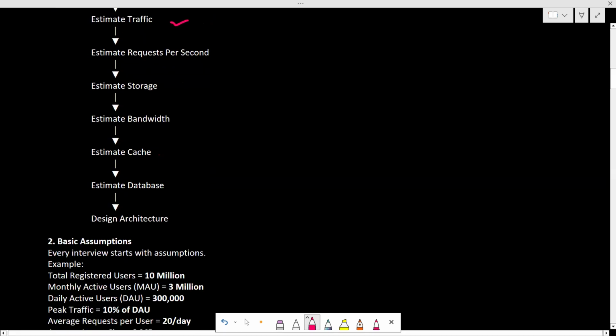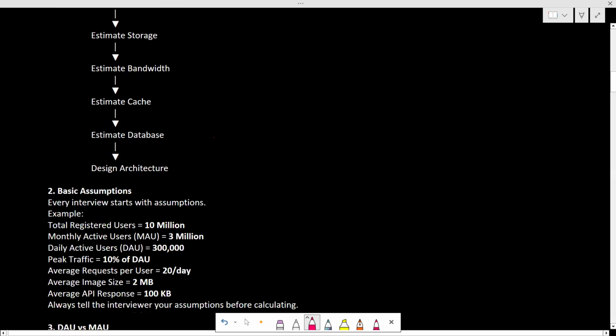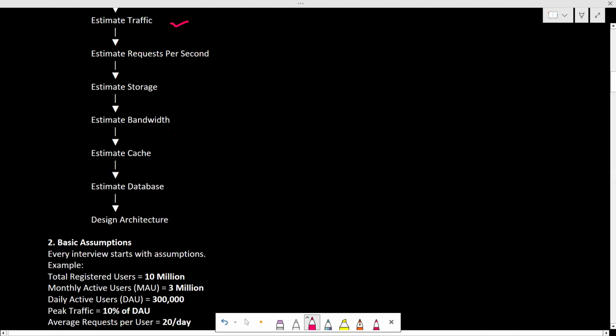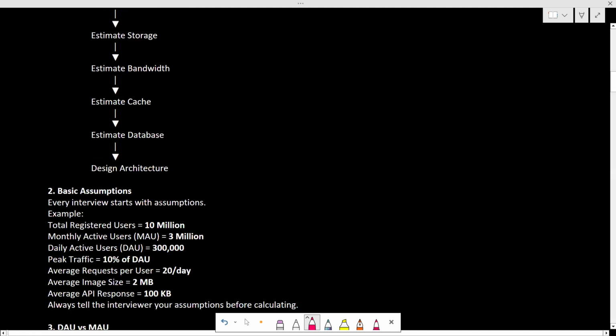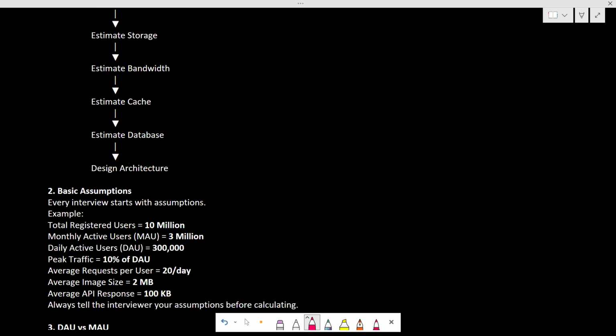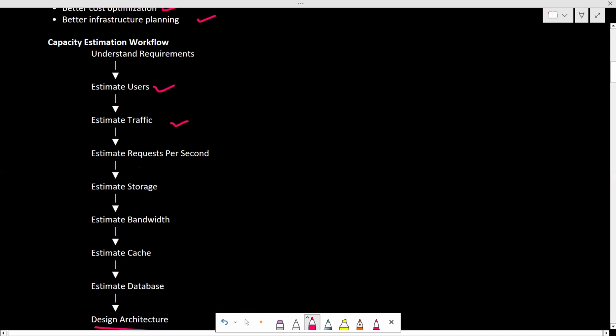They also estimate the cache size and database size. Okay. And only after completing these calculations do they begin designing the system architecture. So before designing the architecture, these things are very much necessary, right?